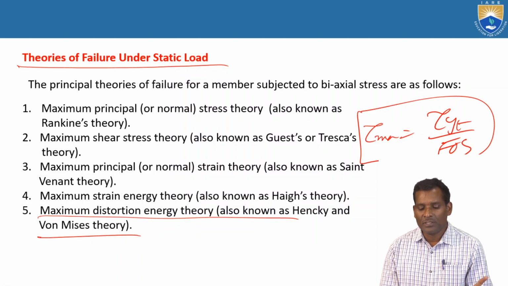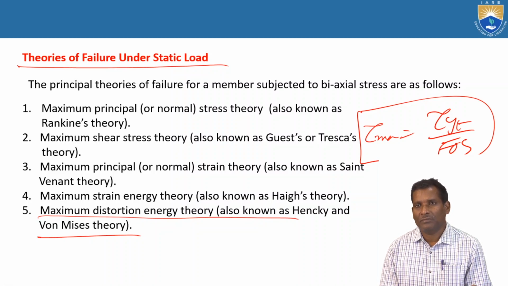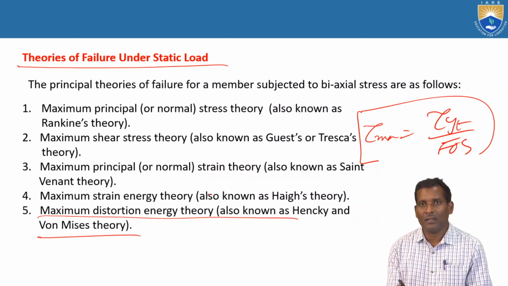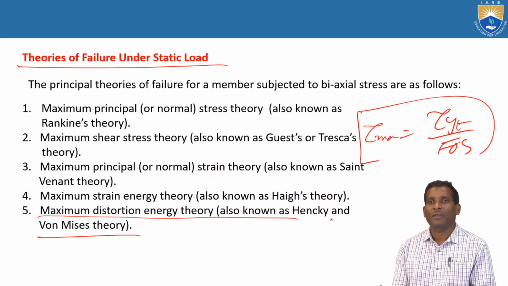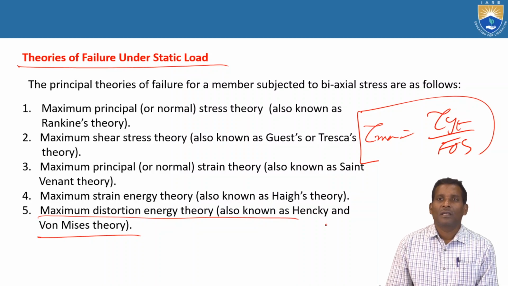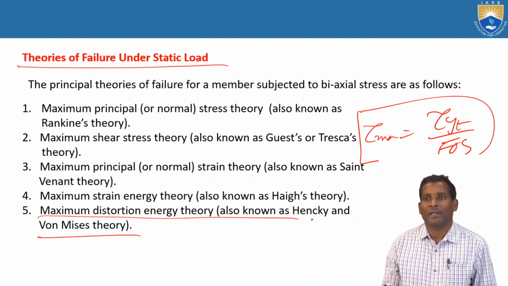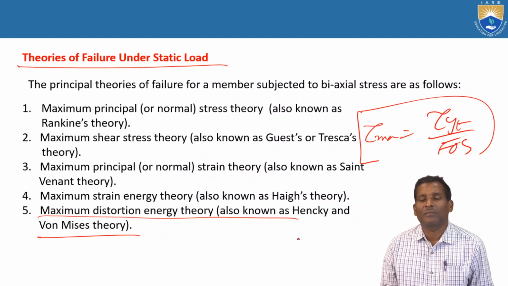Third one, maximum principal strain theory. The strain occurred when subjected to maximum principal strain, normal strain, should be less than or equal to the strain occurred in a simple tension test.